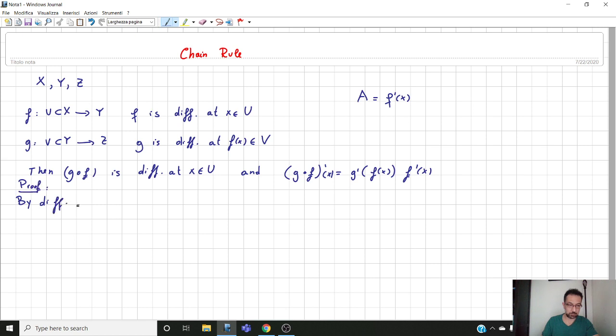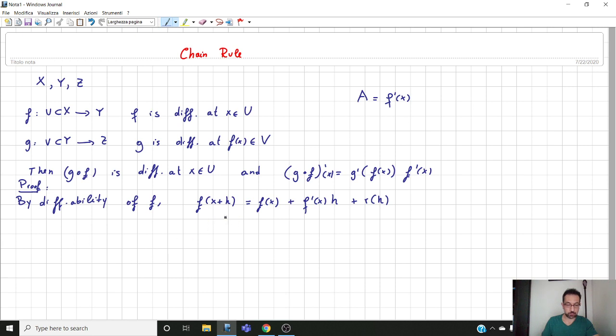By differentiability of f, we can write that f of x plus h is equal to f of x plus, remember it was A times h, but now instead of A I'm going to use f prime of x times h, and then we add that small o of h, which we call r of h, right? Remember r of h means that the norm of r of h is going to go to 0 faster than the norm of h as h approaches 0.